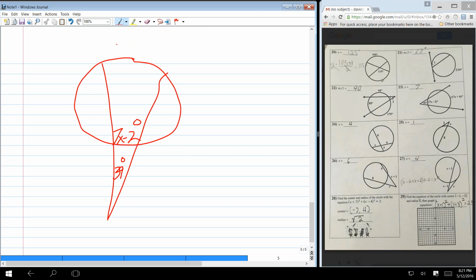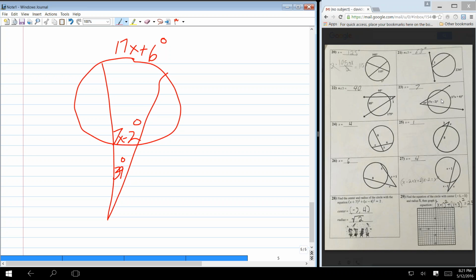And we know this arc is 17x plus 6 degrees. Now notice that every problem that is a degree problem has nothing but degrees in it, and every problem that is a segment problem has no degrees in it, like 24. Just segment lengths.